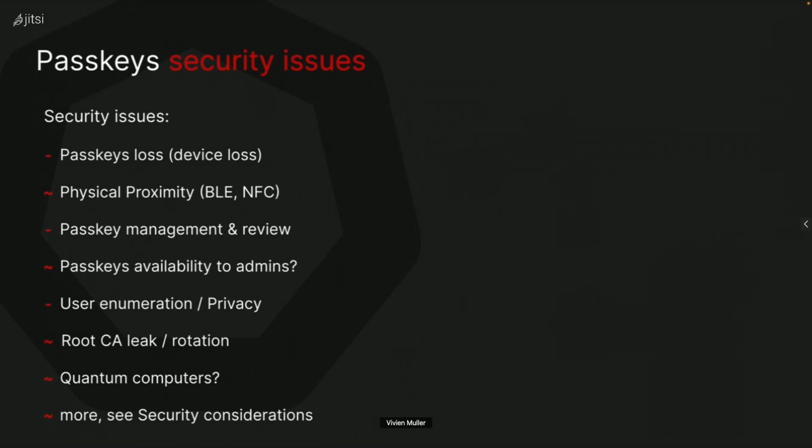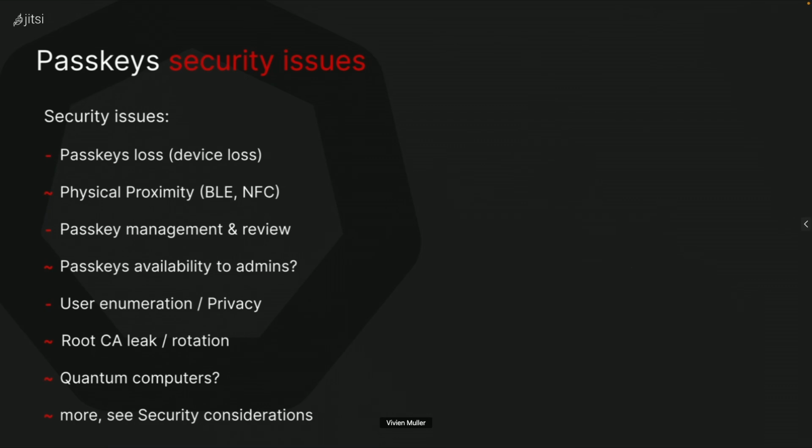And basically the same problem would also be available for passkeys. So for example, if the YubiKey root CA leaks, then an attacker will be able to forge any signature. And so this can be quite an issue.